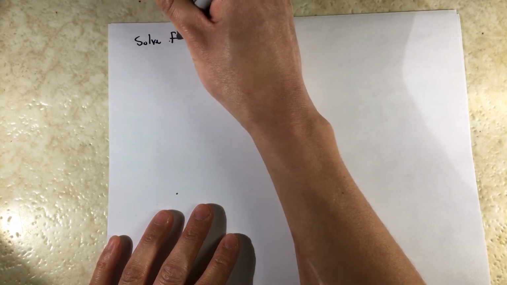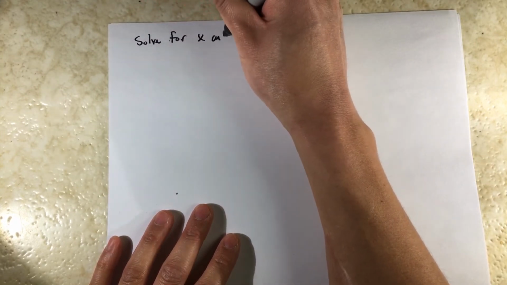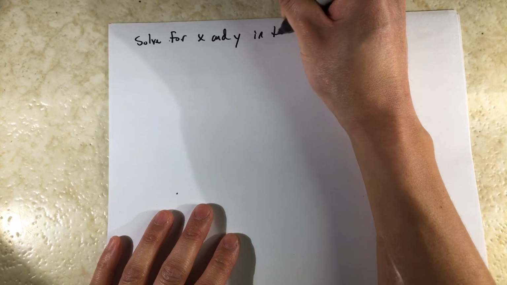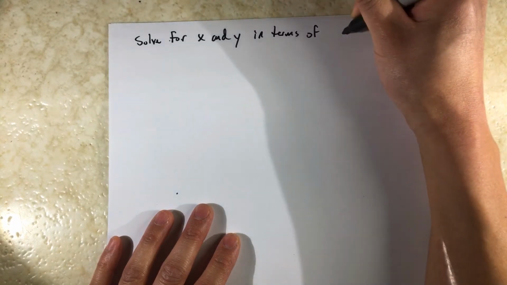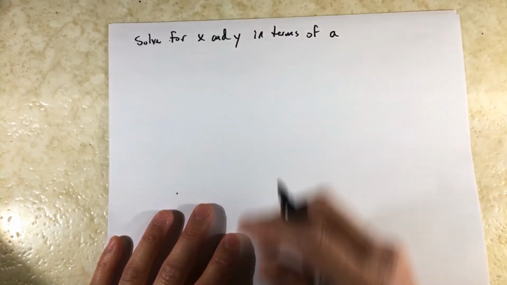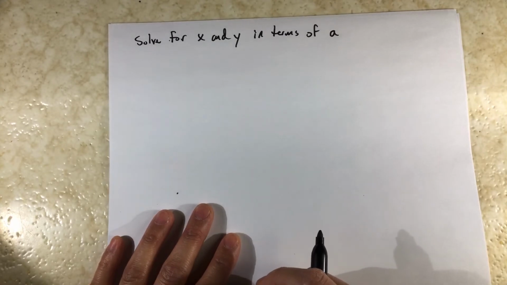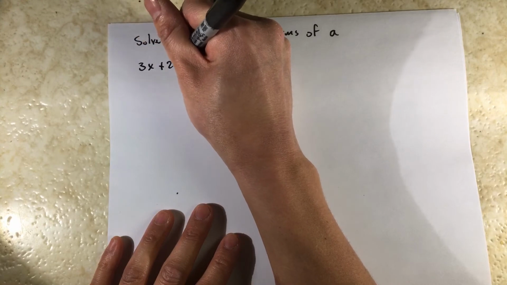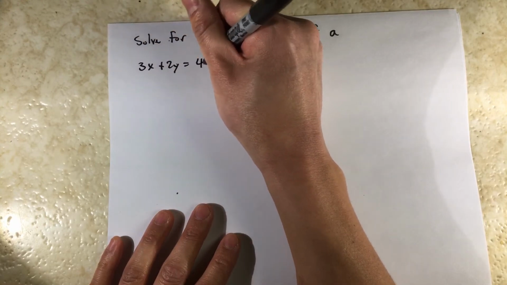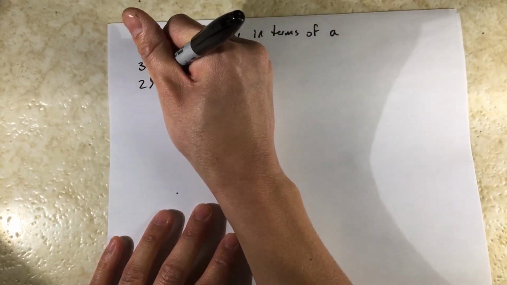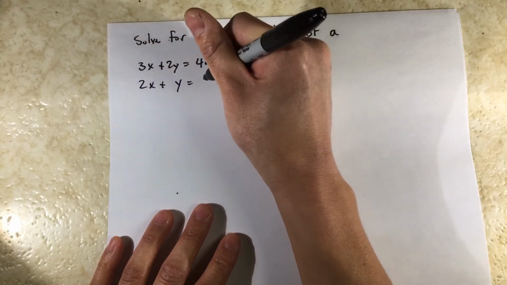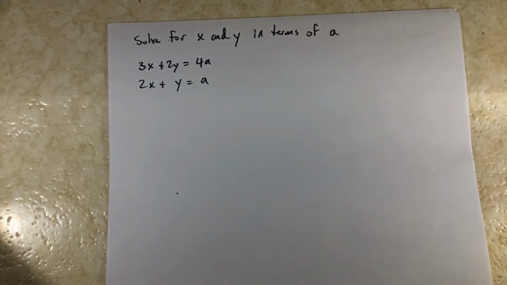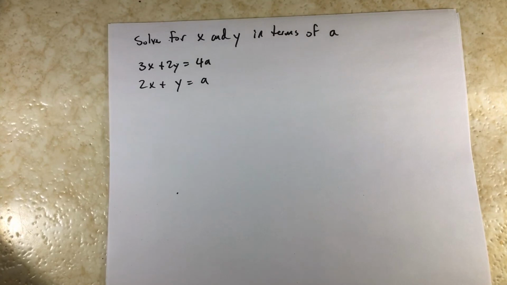Solve for x and y in terms of the variable a. So let's look at what these kinds of problems would look like. They would look like this: 3x plus 2y is equal to 4a, and 2x plus y is equal to a. So again, it's really the same exact procedure, but now it's not just numbers.